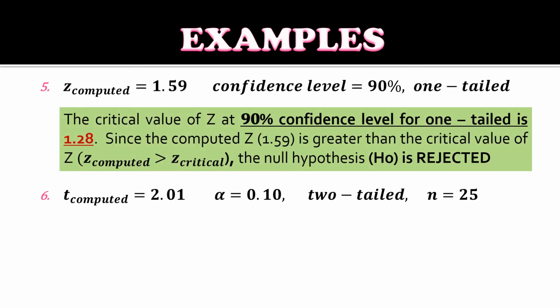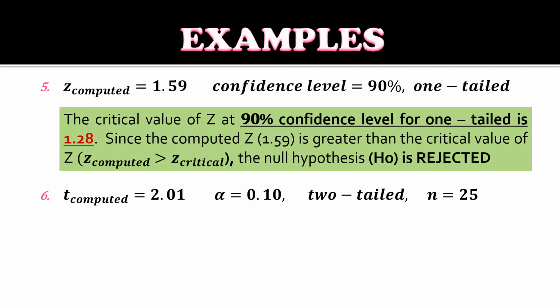So the critical value of z at 90% confidence level, or alpha at 0.1 for one-tailed, is 1.28. Our computed z of 1.59 is greater than the critical value. So therefore, we reject the null hypothesis.